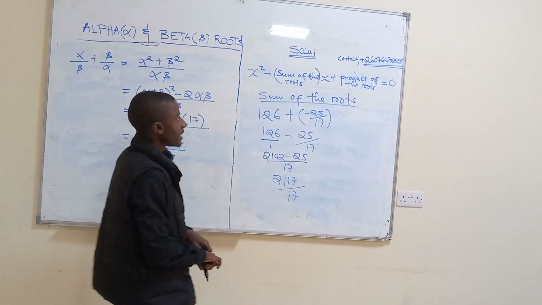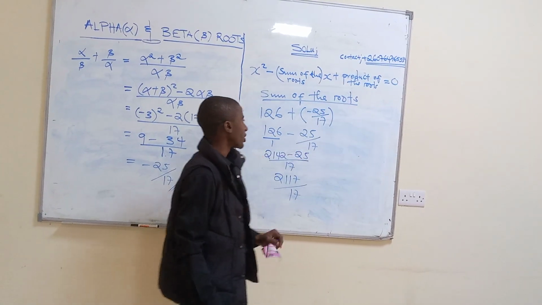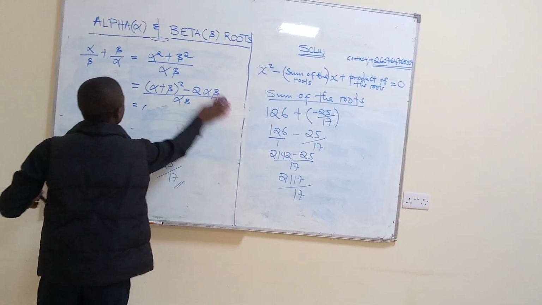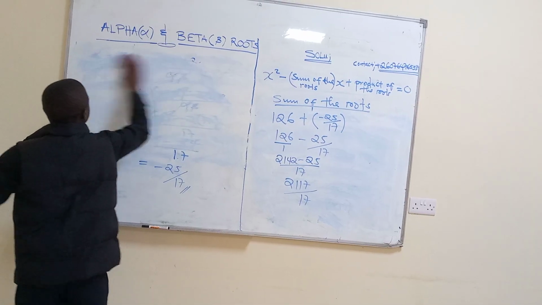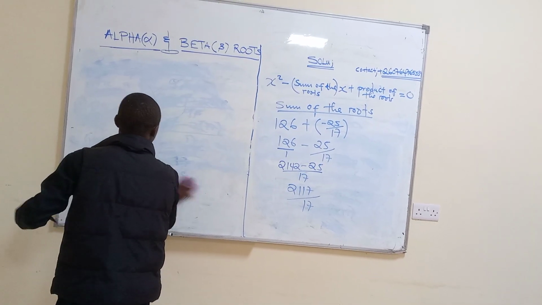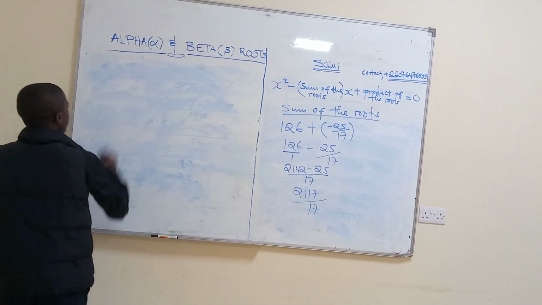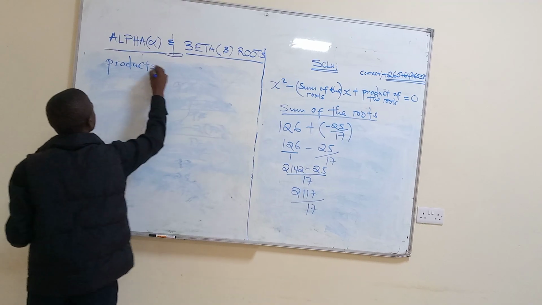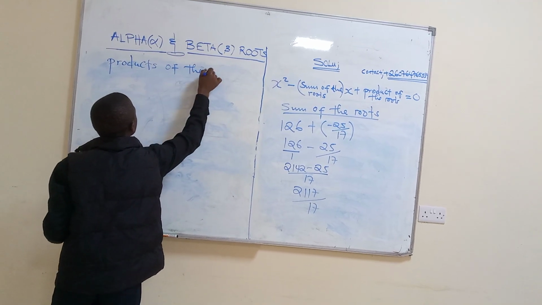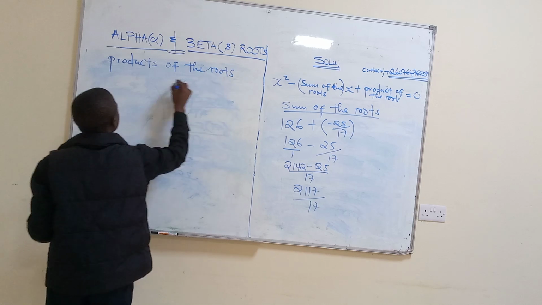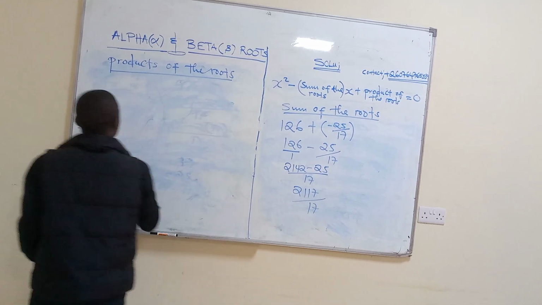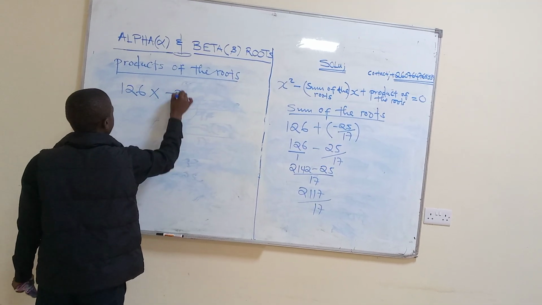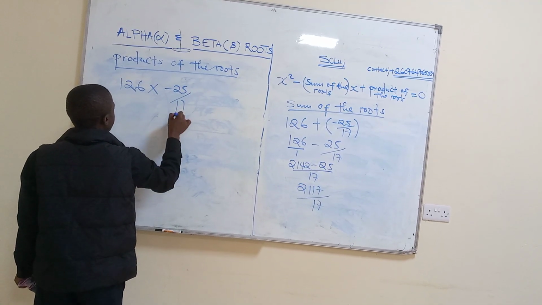So from there, I have to find the product of the roots, multiplying these two values. So product of the roots is 126 times negative 25 over 17.